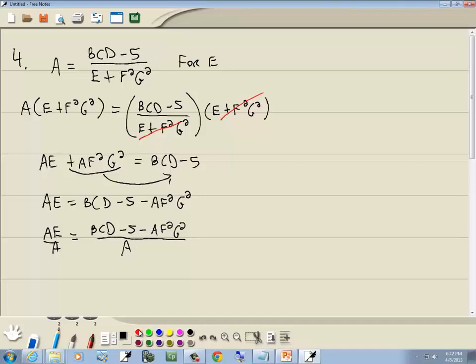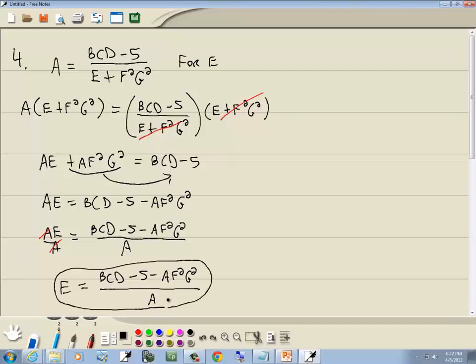Those a's are going to cancel. And we got e is equal to bcd minus 5 minus a f squared g squared all over a. And that's our answer.